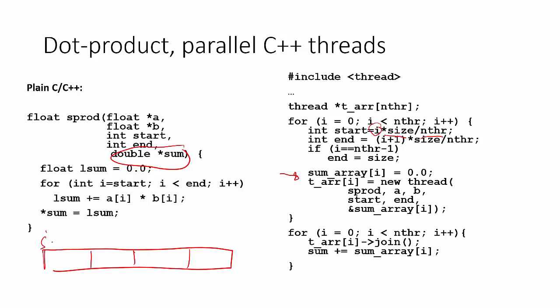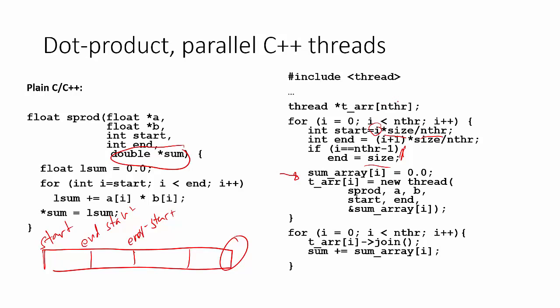Then the start for thread 0 becomes here, and the end becomes here, which is the start of thread 1, and then we have the end of thread 1 here, which is the start of thread 2, and so on. At the end, we have to make sure that if size is not evenly divisible by the number of threads, we finish with the right number of iterations.